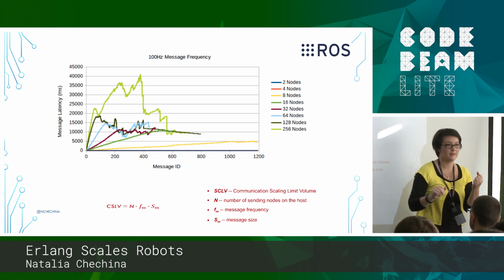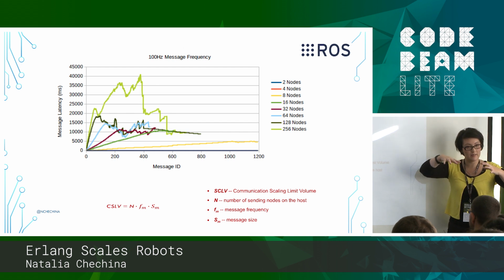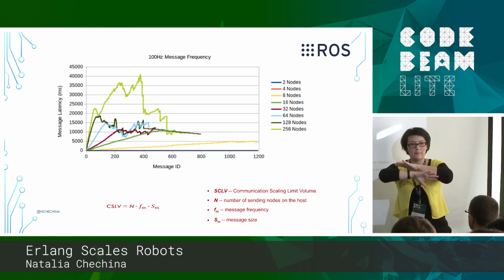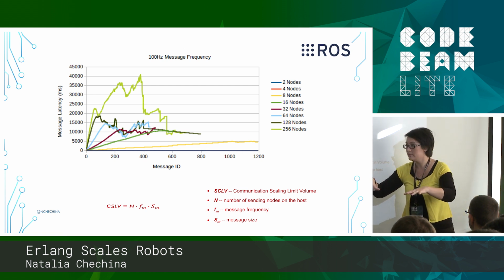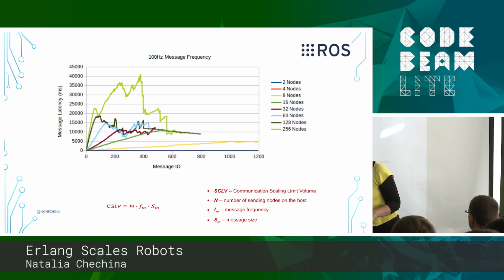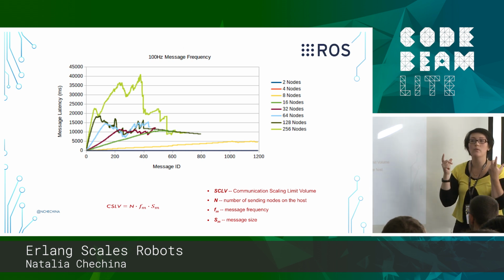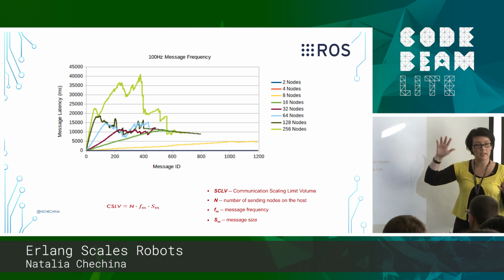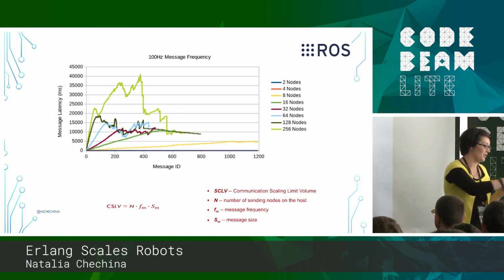If we start changing any of the parameters, it impacts the others. So if for a particular group of nodes we can find this volume, then by changing, for example, the frequency and the message size, we can identify the maximum number of nodes that we can support there, and get the beautiful performance.